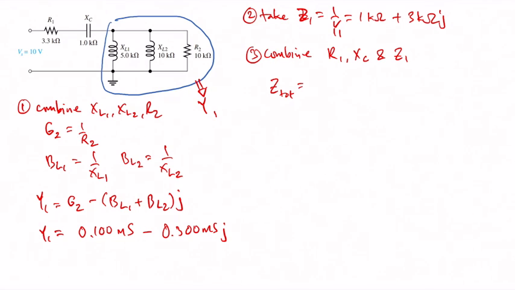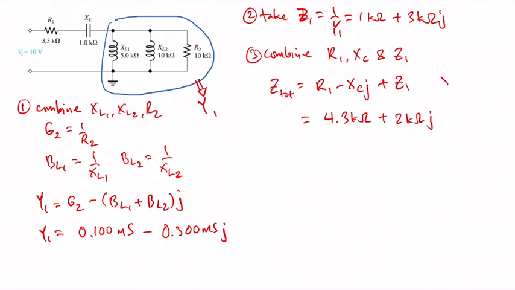This is then equal to R1 minus XC j-hat. Why is that a minus sign? Recall that Z is equal to R plus XL minus XC j. And that is why we have a minus sign there. And then simply we add this with Z1. So Z total will give us 4.3 kilo ohms plus 2 kilo ohms j-hat.